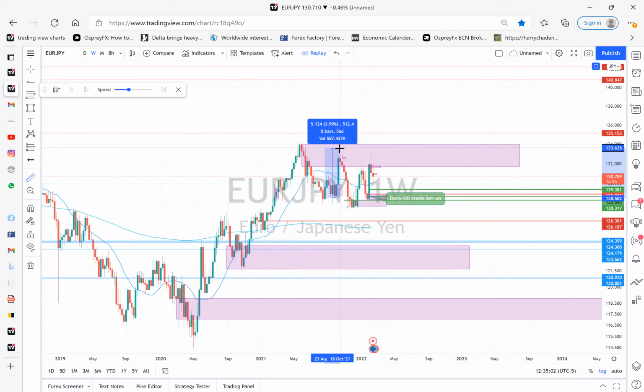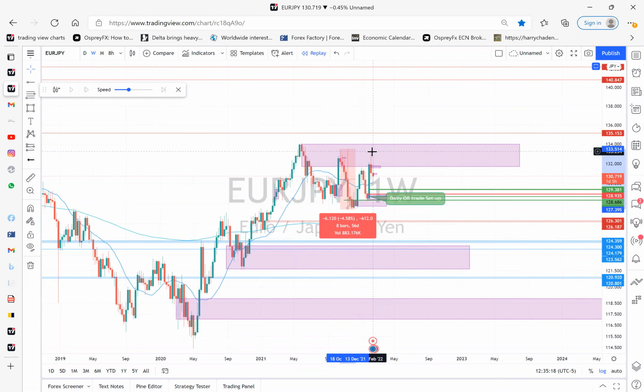From September to October, you get another 500 pip move. From October to December, you get a 600 pip move. And from December to last week, you get another 600 pip move.